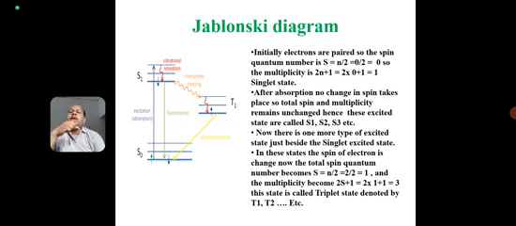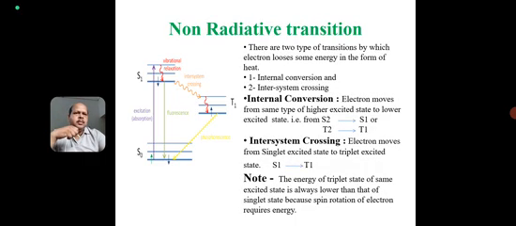So our electron has absorbed energy and jumped to different excited states, either S1 or T1. Now our excited electron wants to come back to its ground energy level because the excited state is an unstable state.